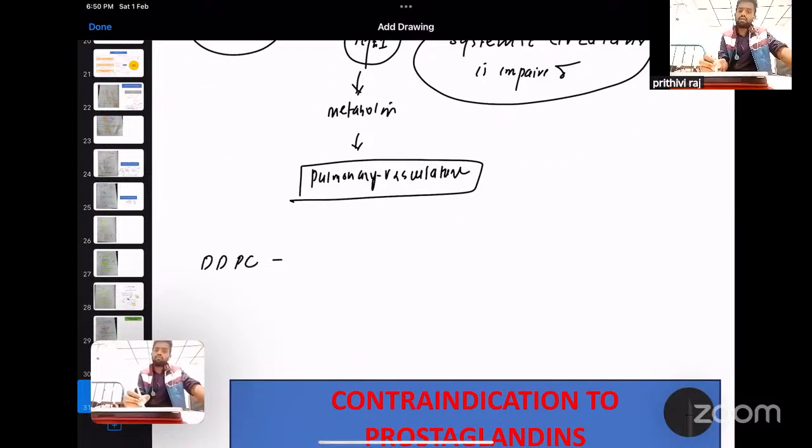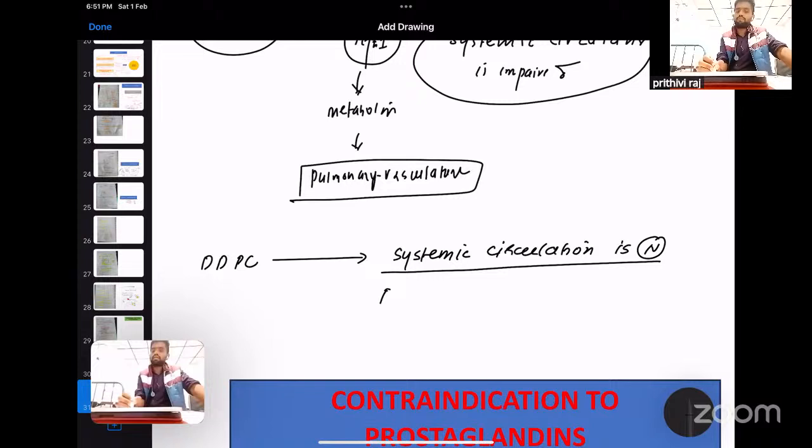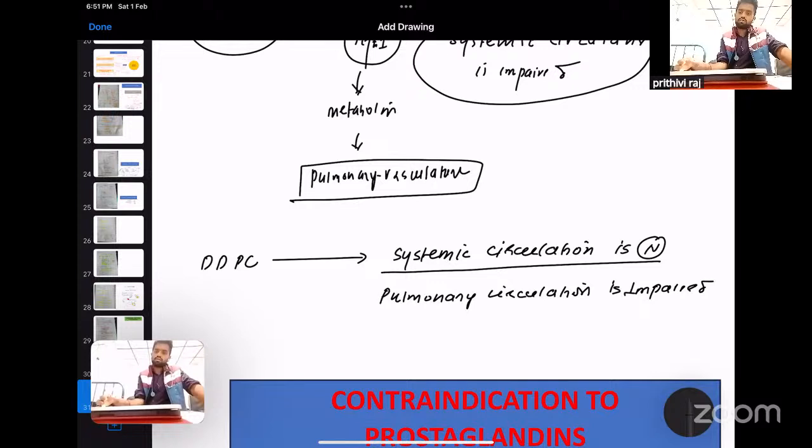Here, the systemic circulation is normal, but the pulmonary circulation is impaired. You want the ductus arteriosus to be open.